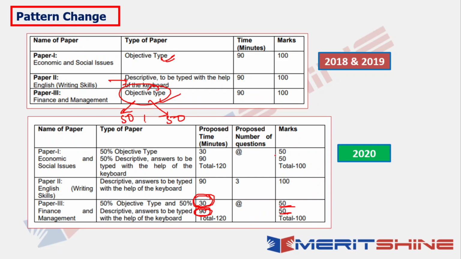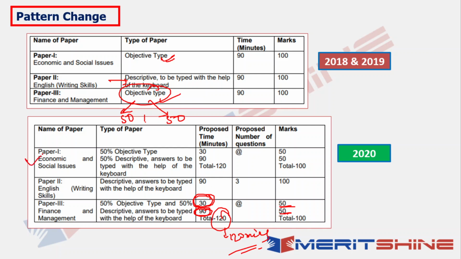So technically the total time also increased to 120 minutes due to the introduction of descriptive, and obviously the descriptive was introduced to the tune of 50% of the weightage of the whole section. So that was the pattern change. A significant shift from a full objective paper to a 50% objective, 50% descriptive paper.